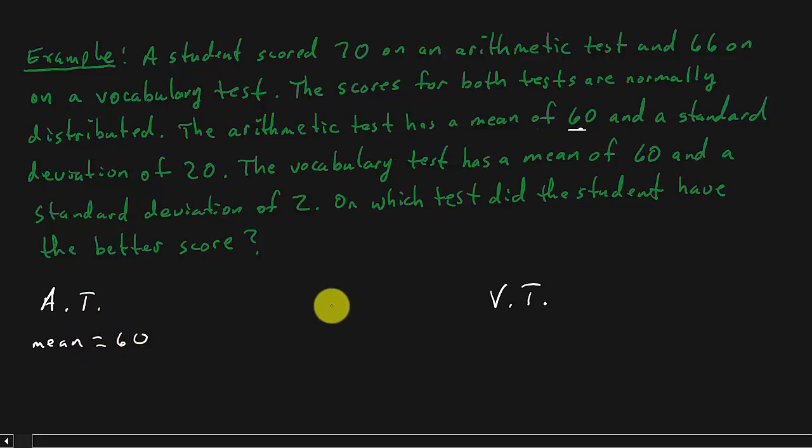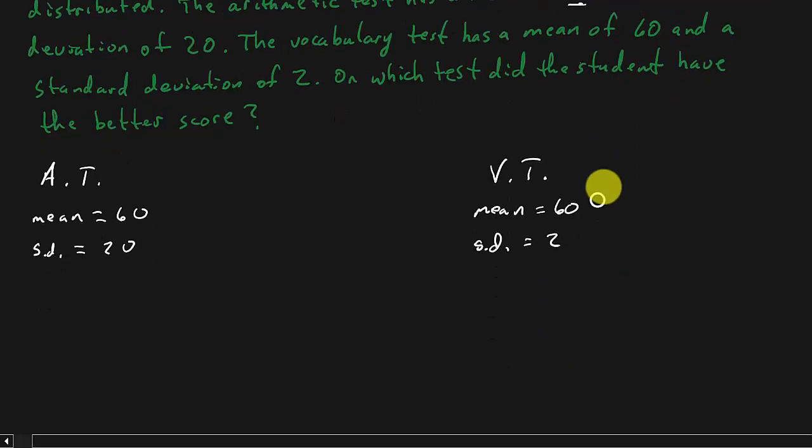And the standard deviation is 20. And then for the vocabulary test, the mean is 60, and the standard deviation is 2. And now, on which test did the student have the better score?